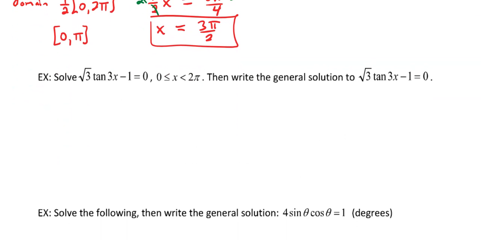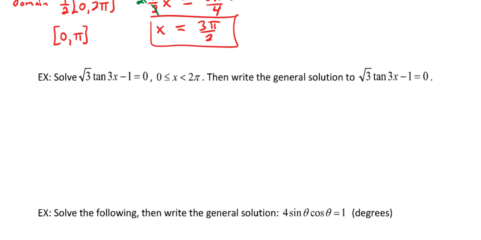All right, next one. Solve root 3 tan 3x minus 1 is equal to 0, where x is greater than or equal to 0 and just less than 2 pi. Then write the general solution to that same expression.